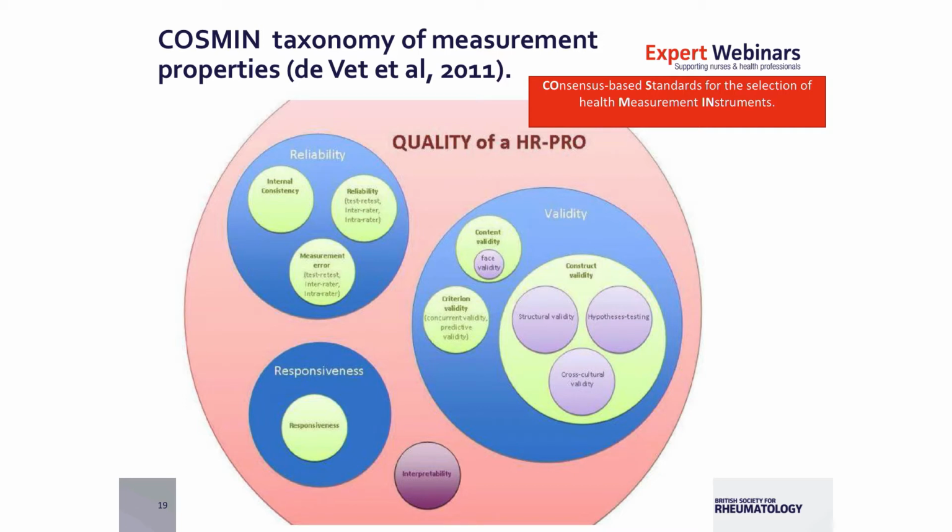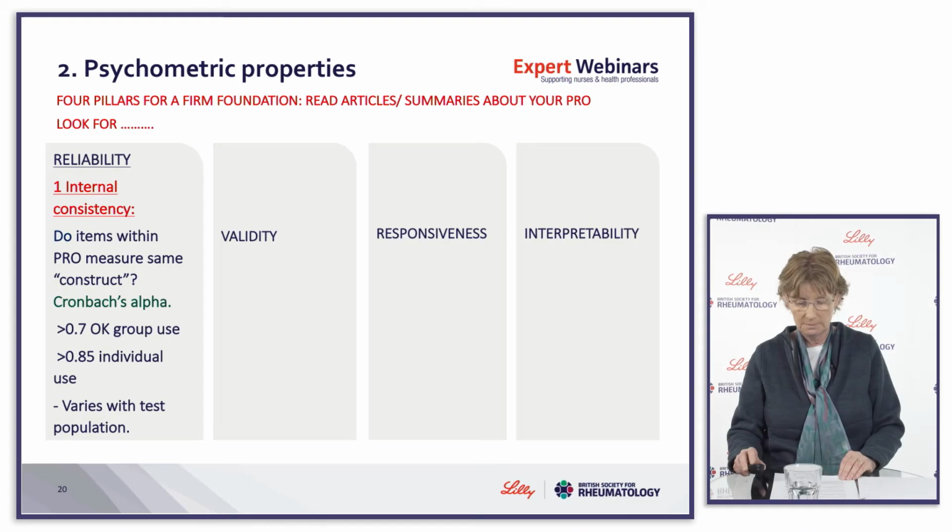And COSMIN, or the consensus-based standards for the selection of health measurement instruments, summarises the 4 key psychometric properties to look for when selecting measures: reliability, validity, responsiveness and interpretability. So we'll take a little tour of these next.